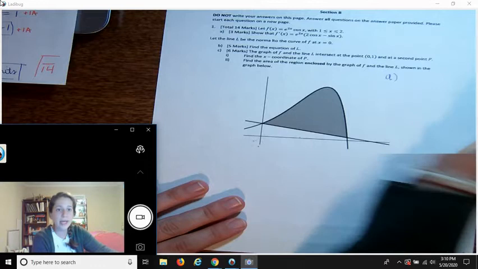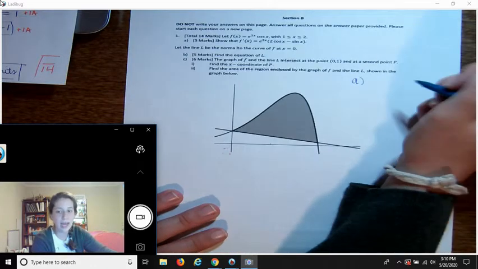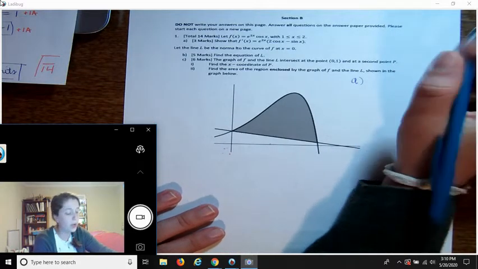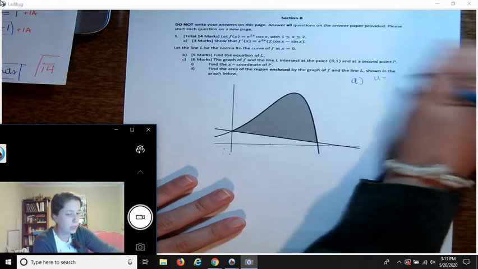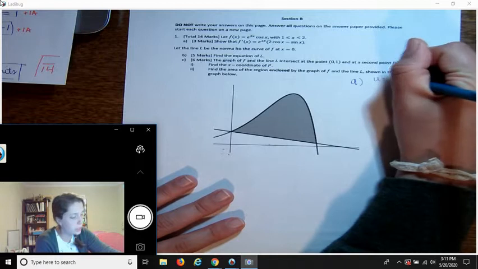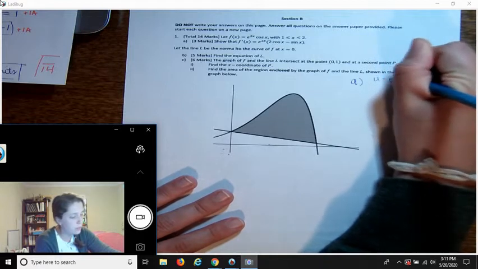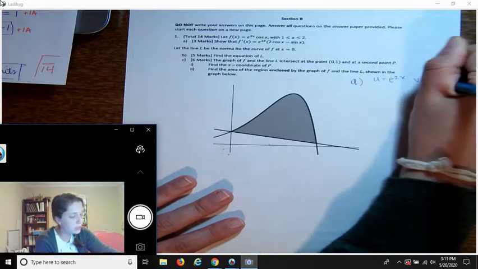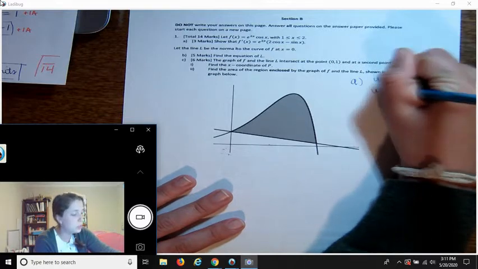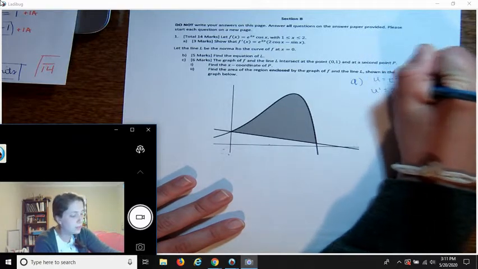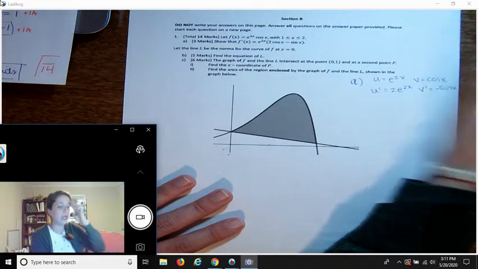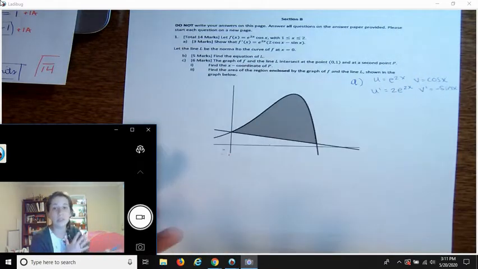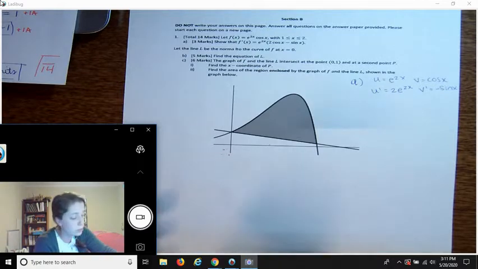So part A, we have a product rule problem. You can separate this out into u, v, u prime, and v prime. u is going to be e to the 2x. v is going to be cosine x. u prime is going to be 2e to the 2x. v prime is going to be negative sine x. Okay, and then we need to put all these four pieces together to get our derivative.